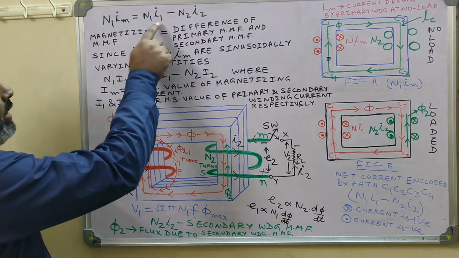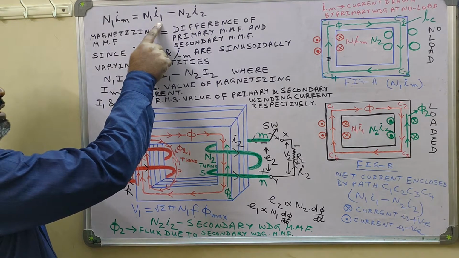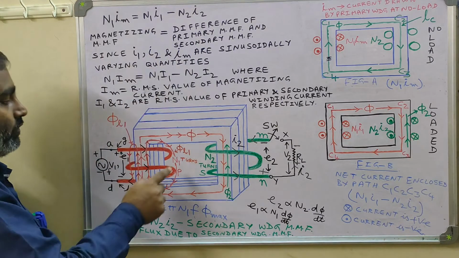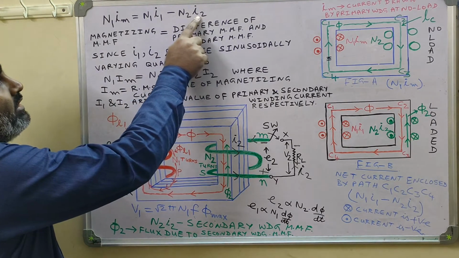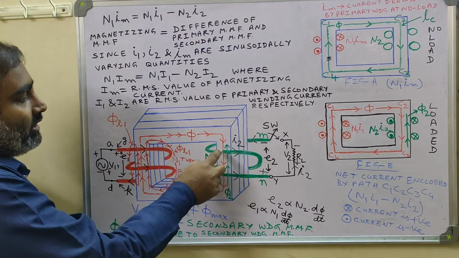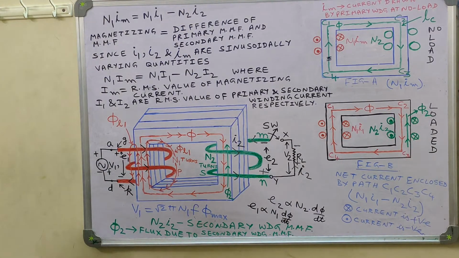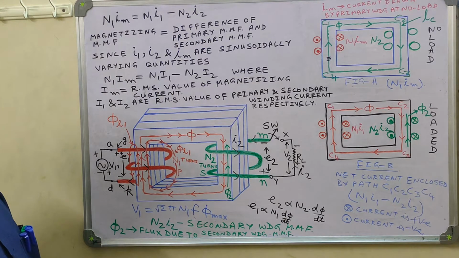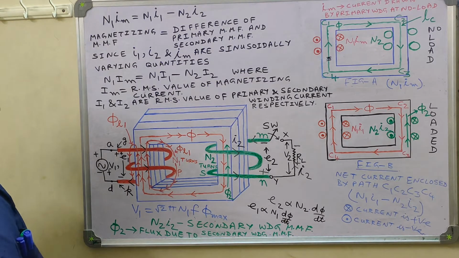So small i1 means the instantaneous value of current drawn by the primary winding of this transformer. Likewise, small i2 means the instantaneous value of current flowing through the secondary winding. So small case letters simply convey that they represent the instantaneous value, that is, a value which is changing with time.